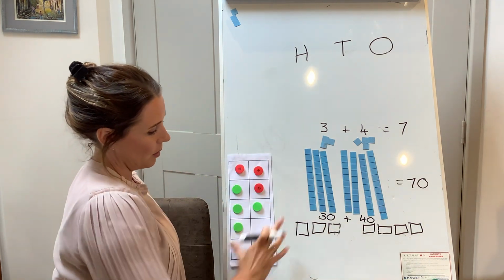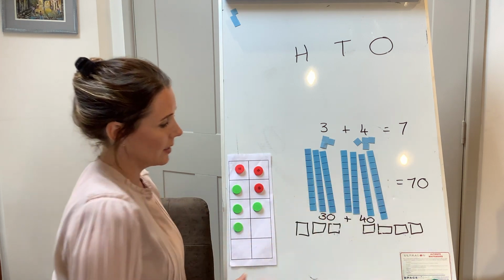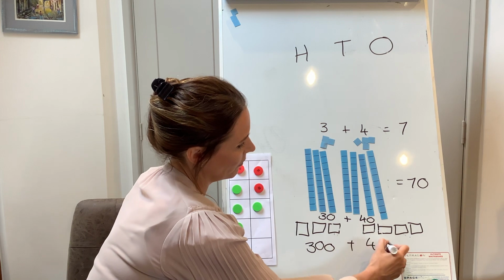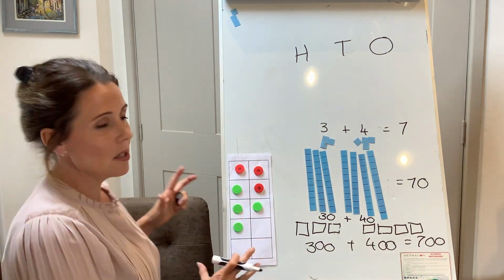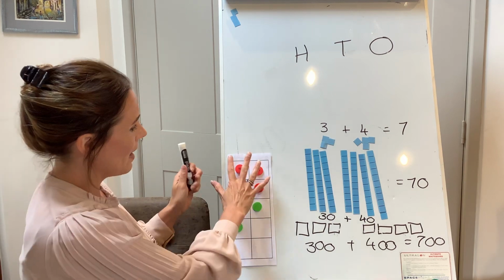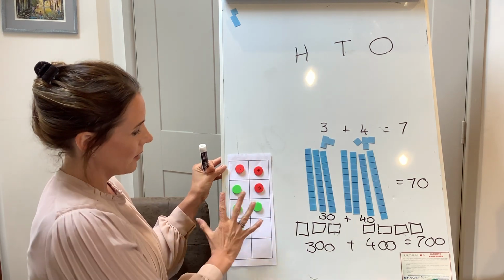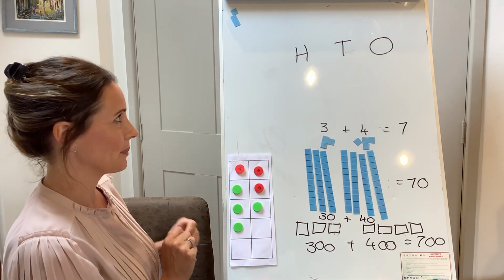So if we see this as a 100 frame, 3 tens and 4 tens is equal to 70. But also we can see 300 and 400 is equal to 700.